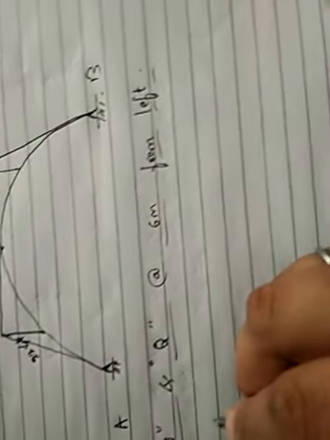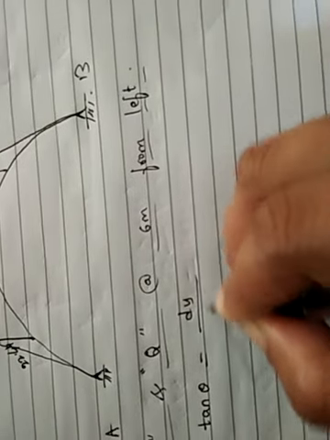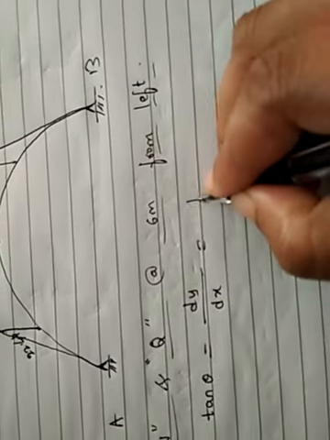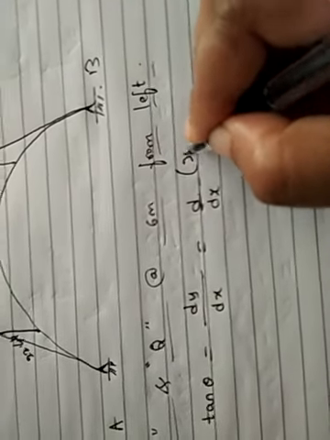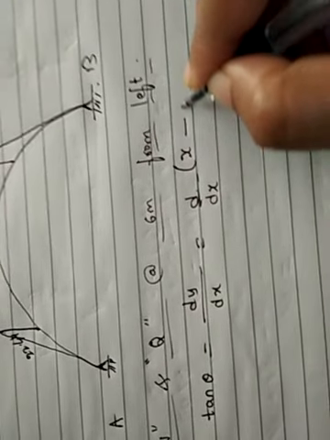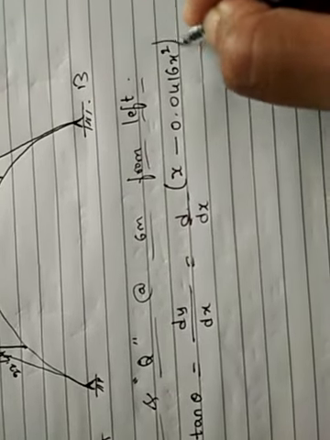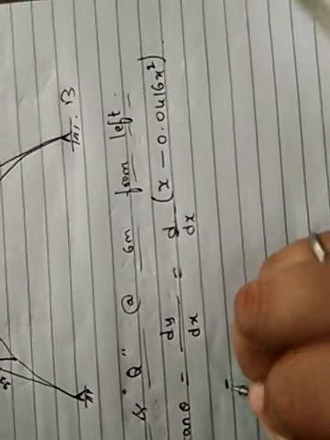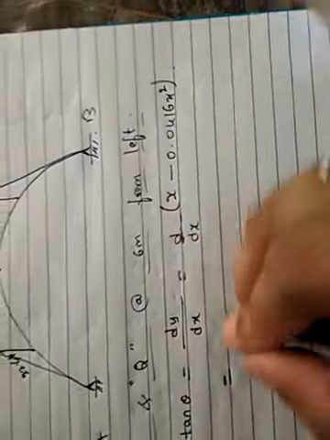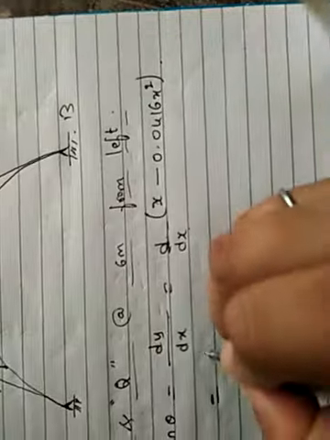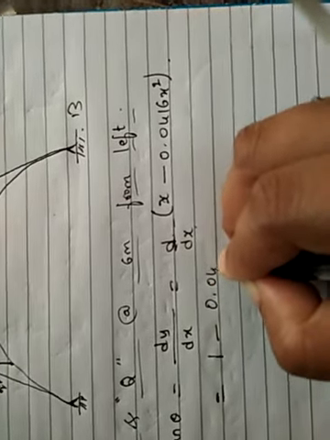So here what we have to do is, we all know that tan theta is equal to dy by dx, and in this we have a general equation for y, which is x minus 0.0416 x square. So first differentiate this one. We know the method of differentiation. dx by dx is 1 minus, take this constant outside.